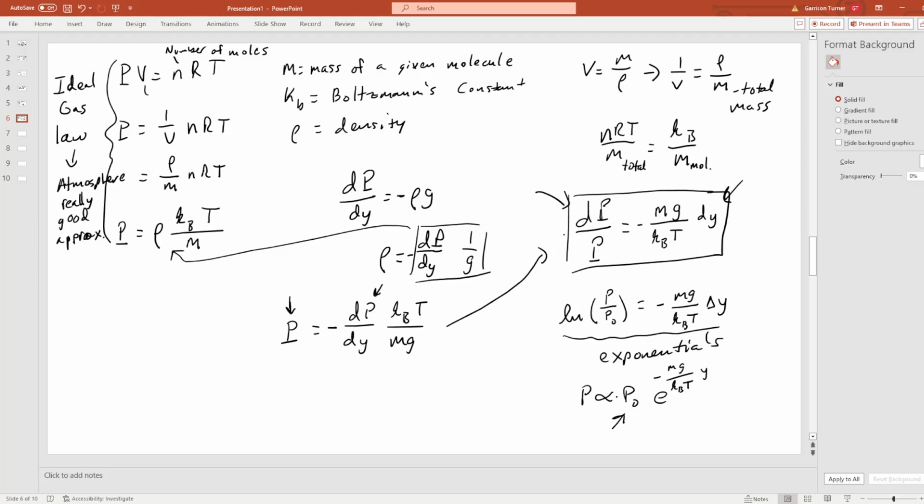Now, this model is assuming that your temperature is constant, and that's not a very good assumption. If you do any hiking or flying, you know that it doesn't take very long to gain altitude before the temperature can change very drastically.